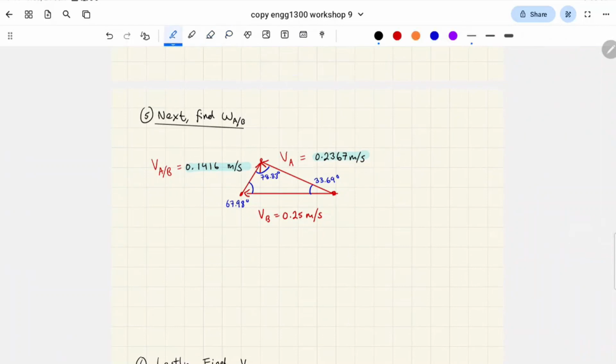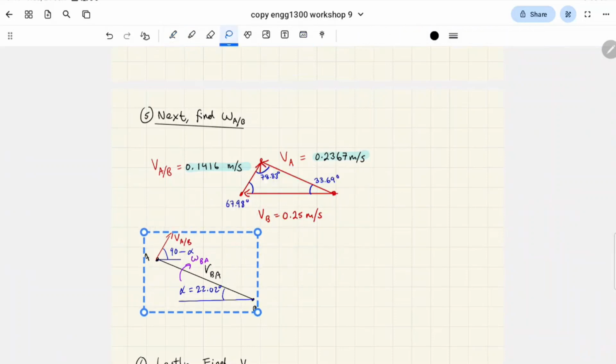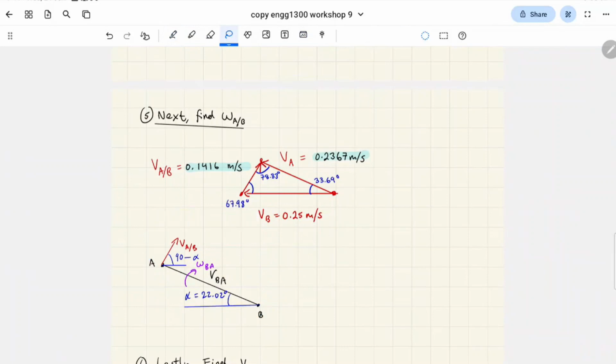This is our relative velocity diagram, and that's what our member looked like, between B to A. And so the angular velocity, this formula, this distance is 0.4, that was given in the question.